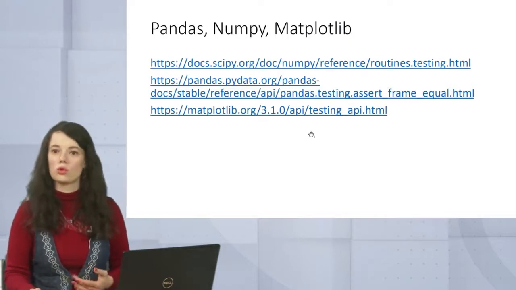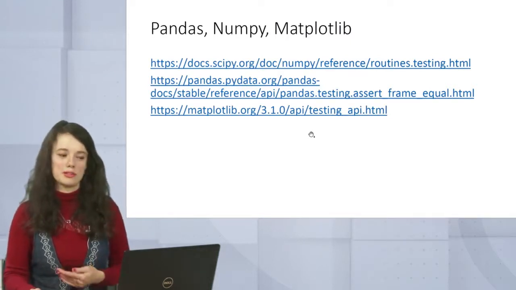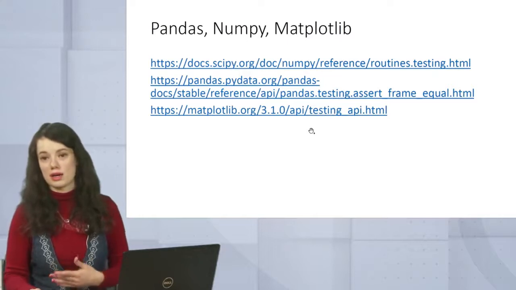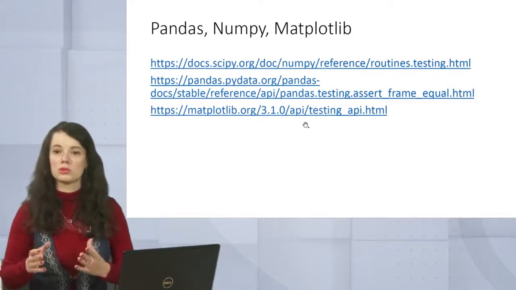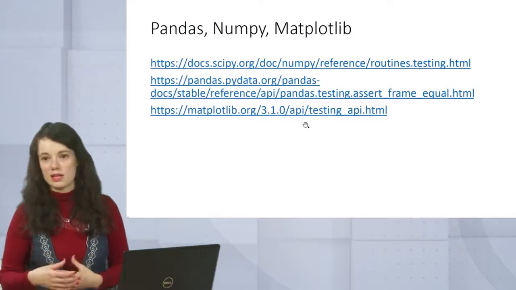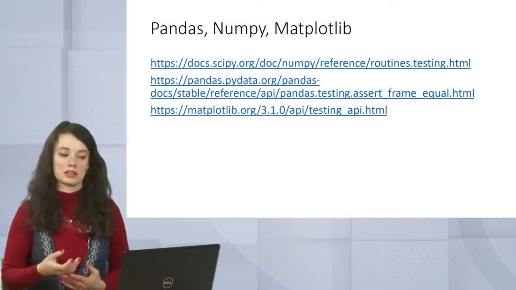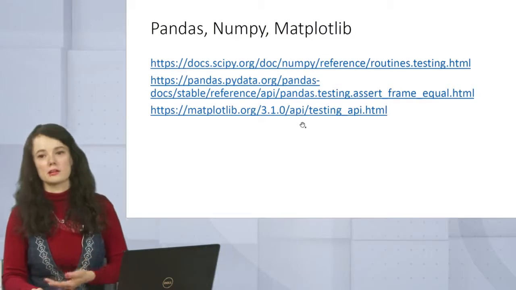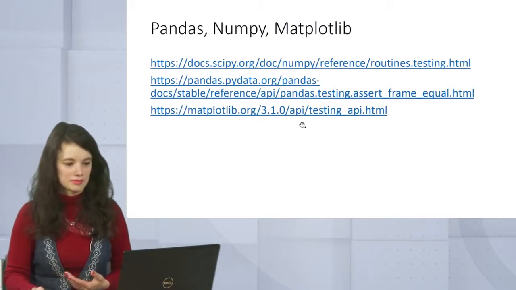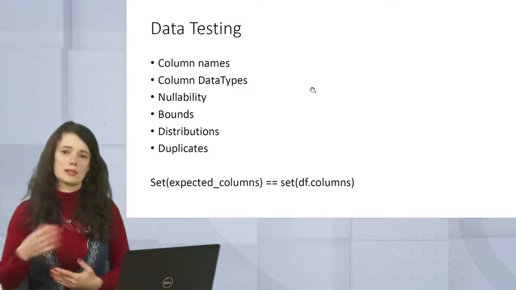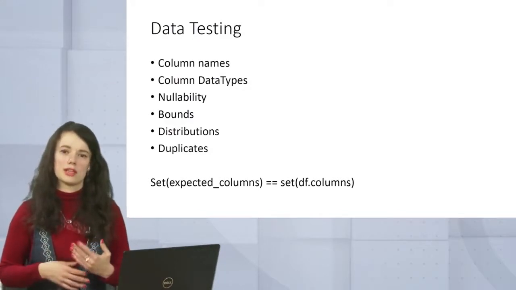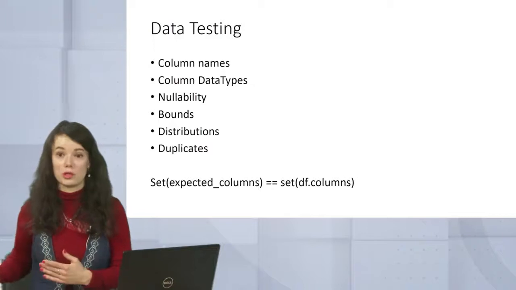Next, we'll move to very well-known libraries, Pandas, NumPy, and Matplotlib. They all three have one thing in common, testing. They have modules for testing. I'll show it later in examples. There are other types of testing, different than just ordinary unit testing.